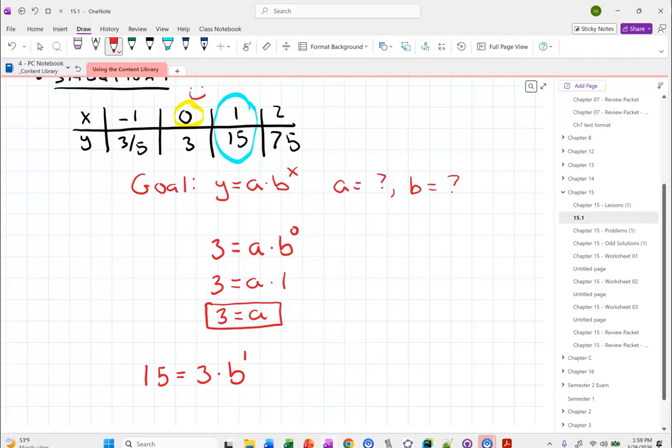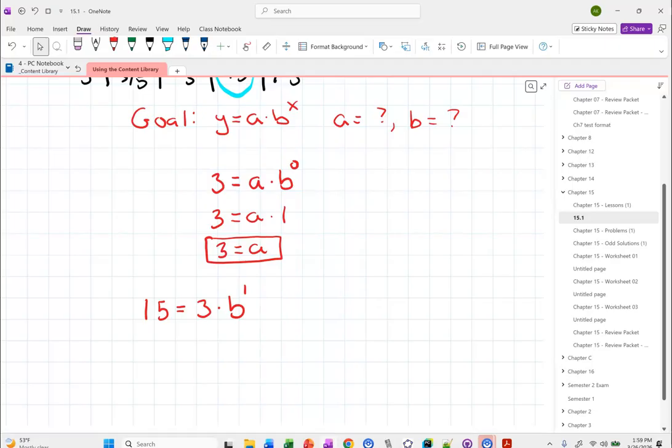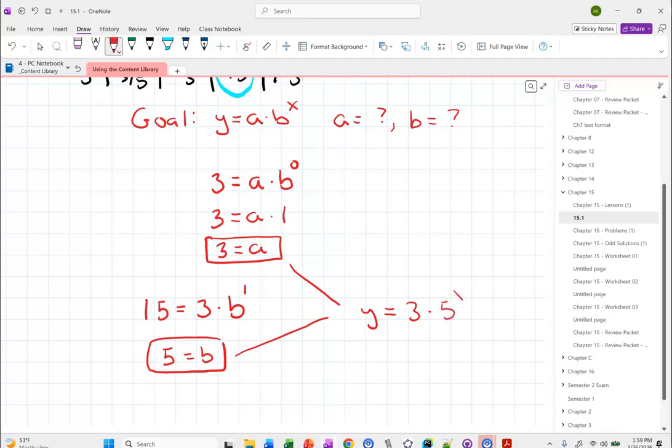Is this an equation we can solve for b? How do I solve for b here? Divide by 3. So my answer can be y equals 3 times 5 to the x.